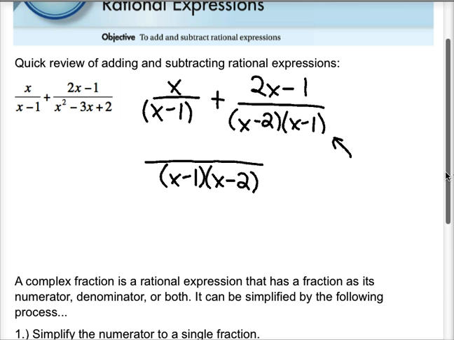However, this one is missing the x minus 2. So I need to multiply top and bottom by that x minus 2, the one that it's missing, so it can be complete. From that first fraction, I'm getting the x times the x minus 2. The second one actually isn't changing at all.